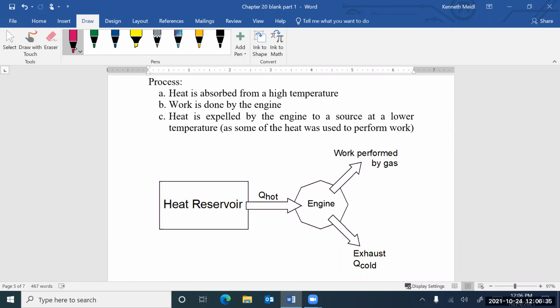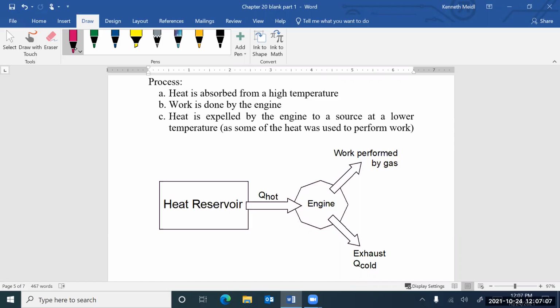Now, one of the people who's going to do a whole bunch of pioneering work here is Sadi Carnot. A lot of his work is at a very high level, much higher than our textbook gets to when it comes to thermodynamics. But his results are something we can really take to the bank, and that's the important thing here. But here is the simple idea of what the heat engine is doing.